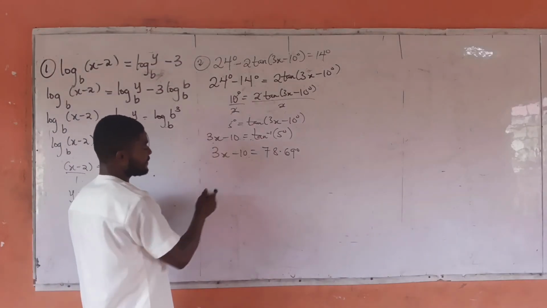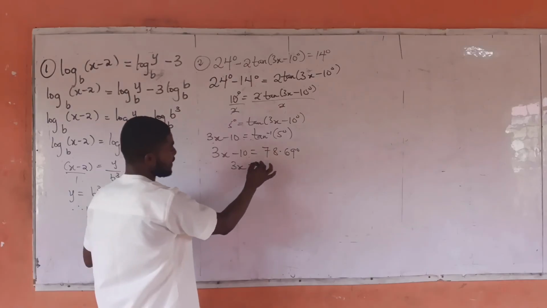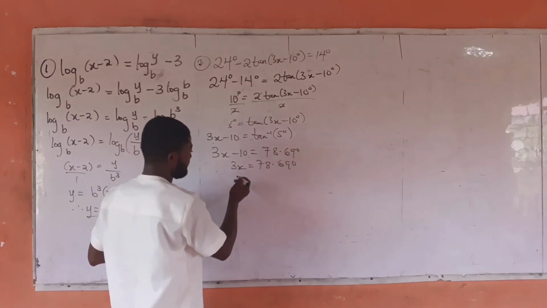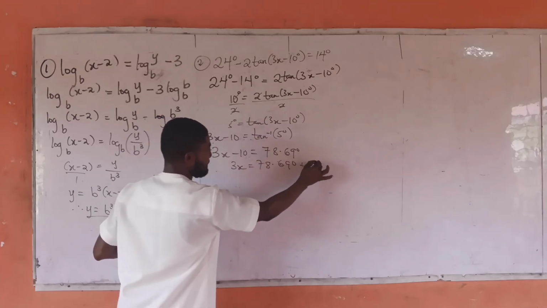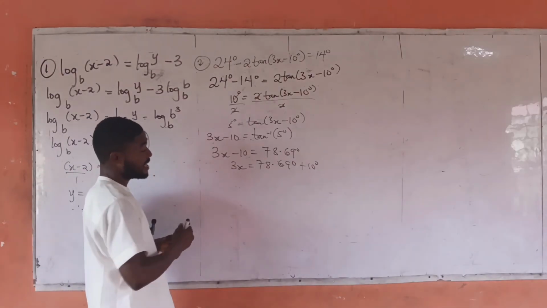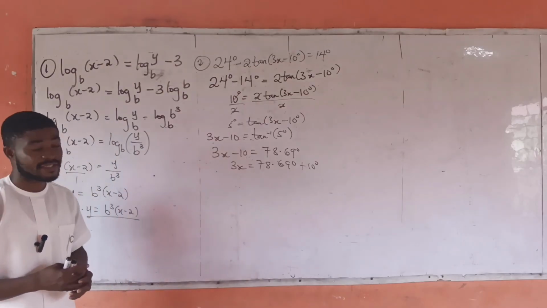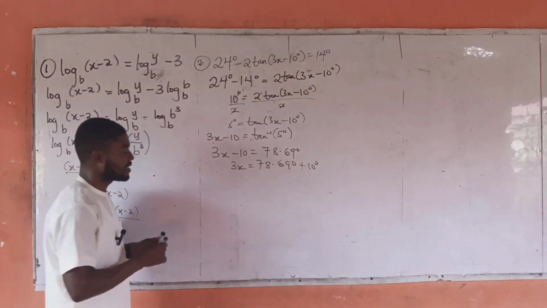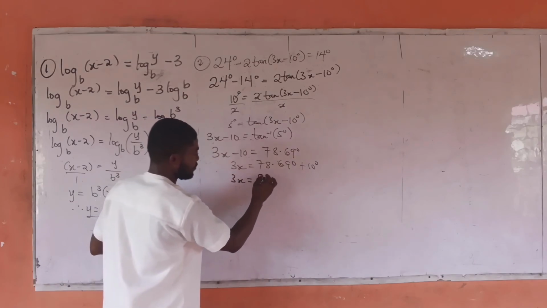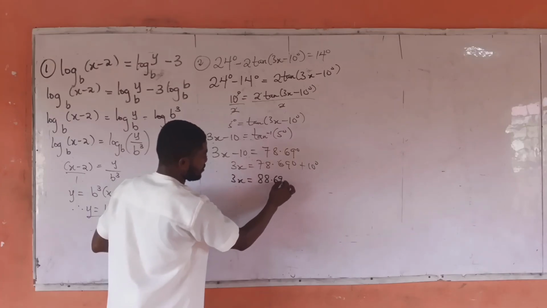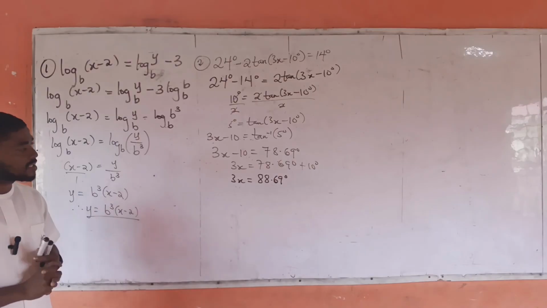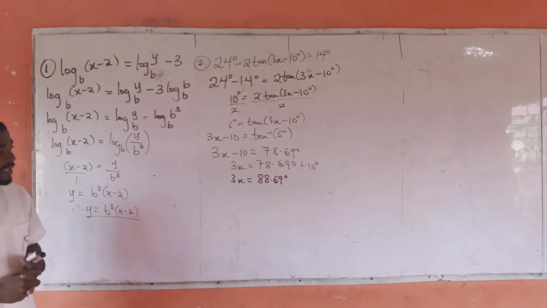Then we now find the value of x and not 3x. By doing so, we have 3x is equal to 78.69 plus 10 degrees. Now we have 3x is equal to 88.69 degrees.